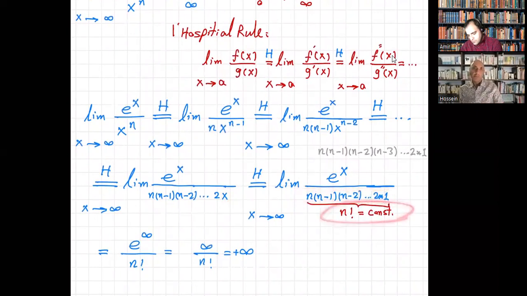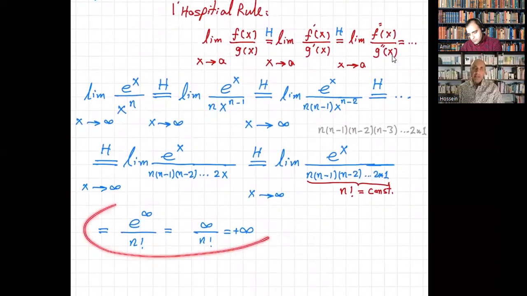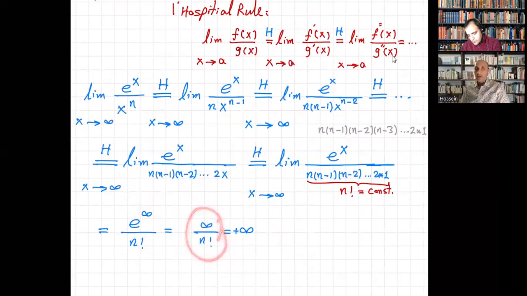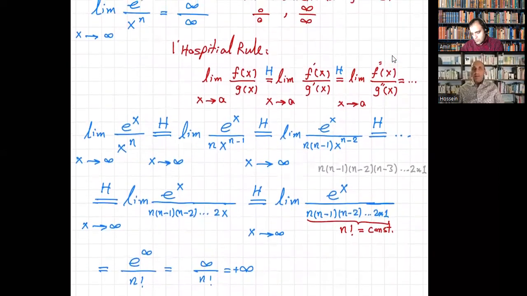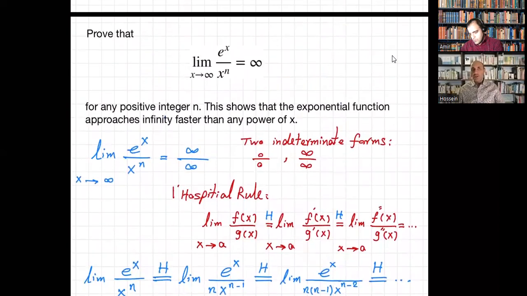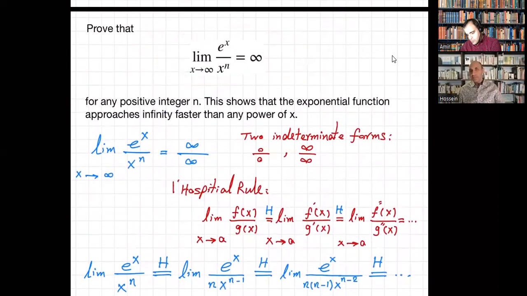Then you plugged in infinity, getting infinity divided by n factorial, a constant. So the answer is positive infinity, which means the exponential function grows faster than the polynomial function when x approaches infinity.